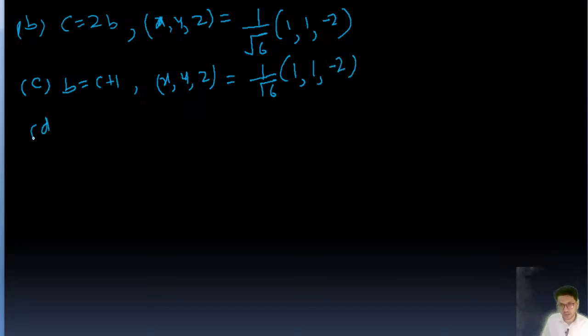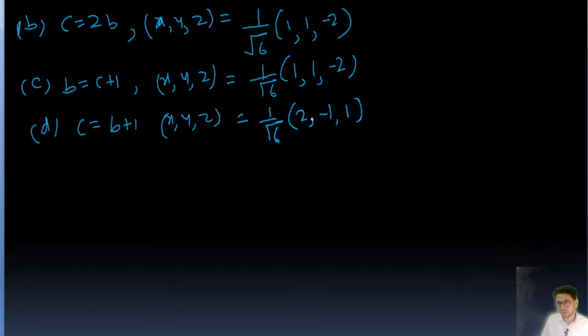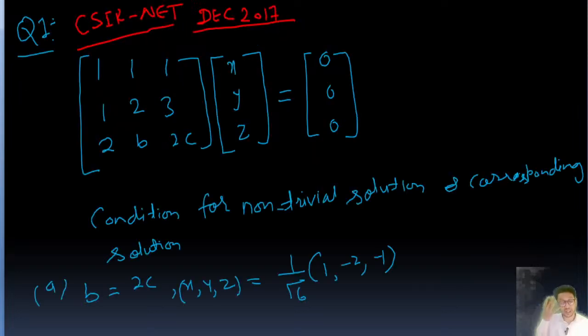And option D is c equal to b plus 1, and x, y, z equal to 1 upon root 6 times (2, minus 1, 1). So these are the options given, and you need to find the condition for a non-trivial solution and the corresponding solution.